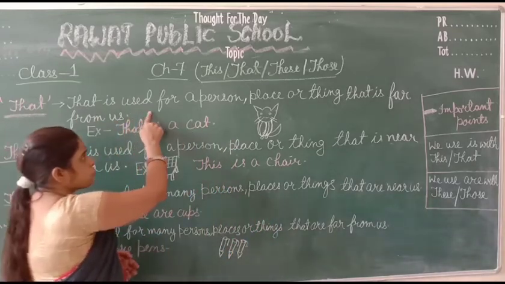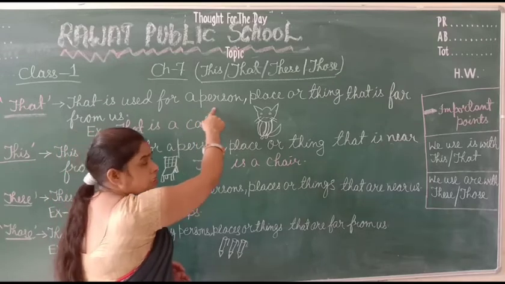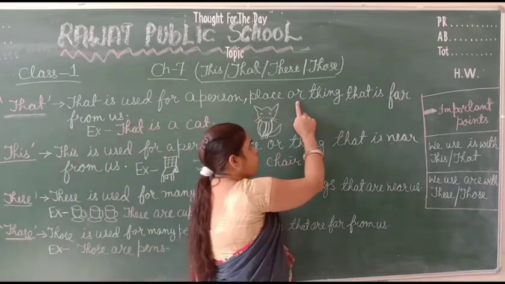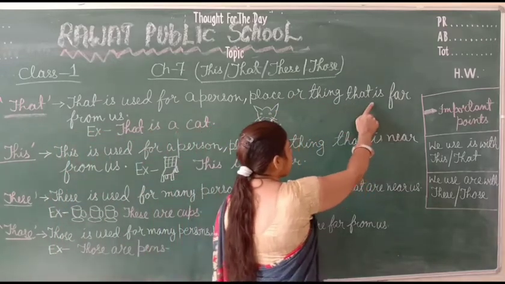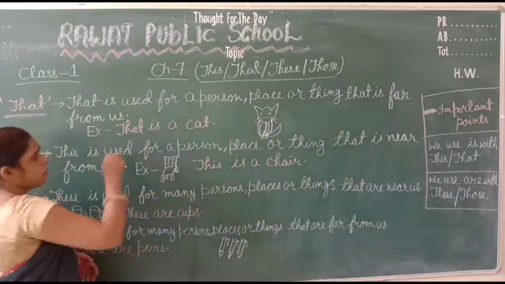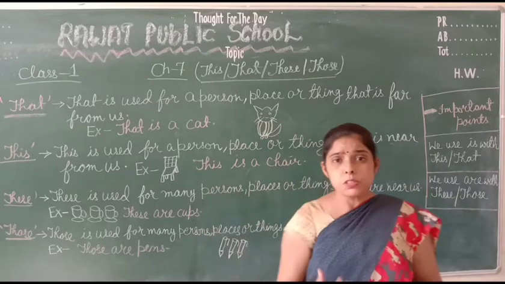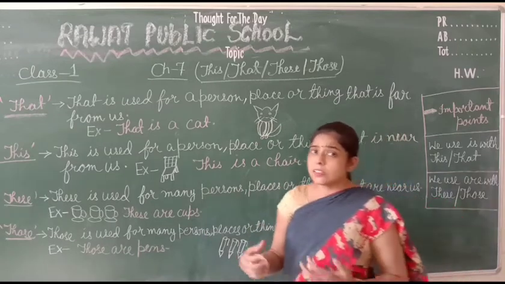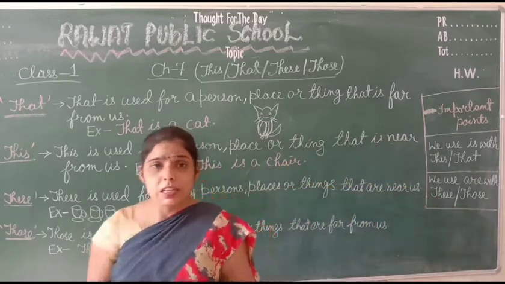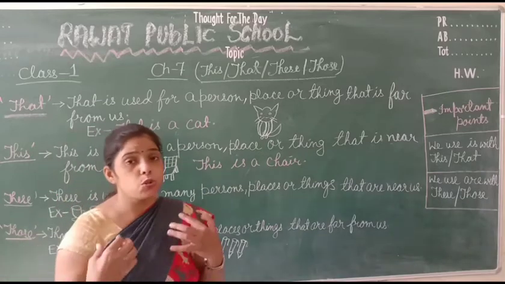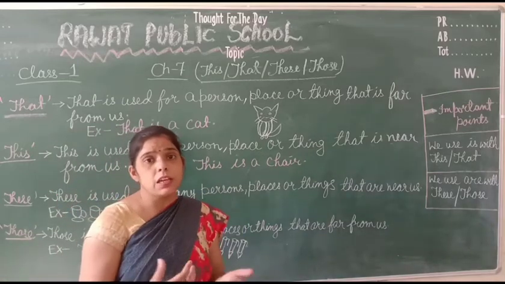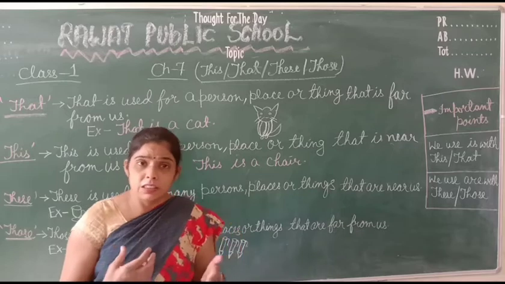That is used for a person, place or thing that is far from us. So we use that for those person, place or thing which is far from us, जो हमसे दूर है, उसके लिए हम that का यूज करते हैं.